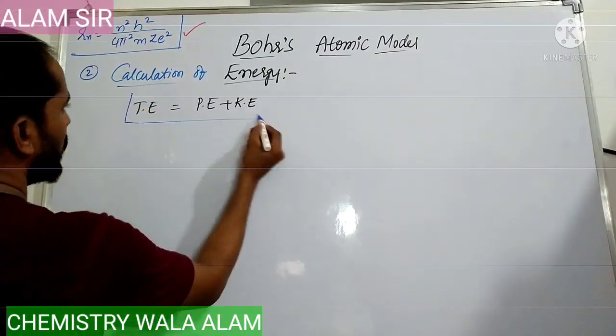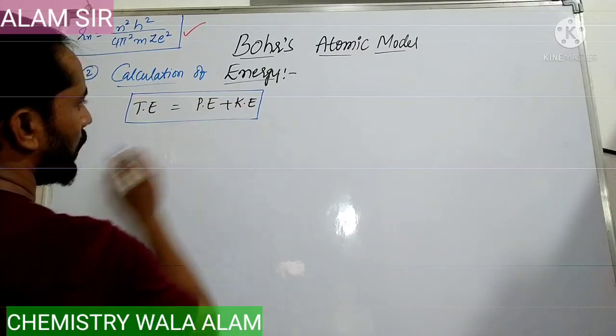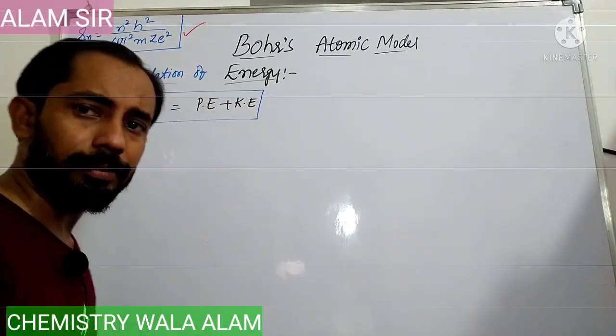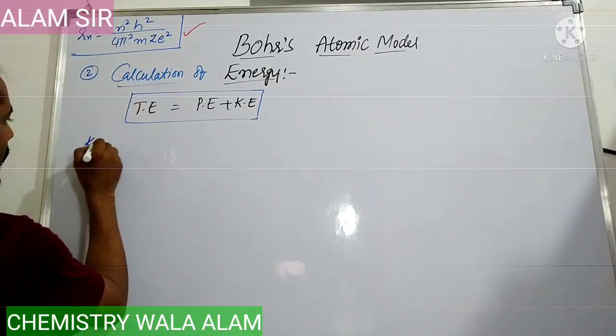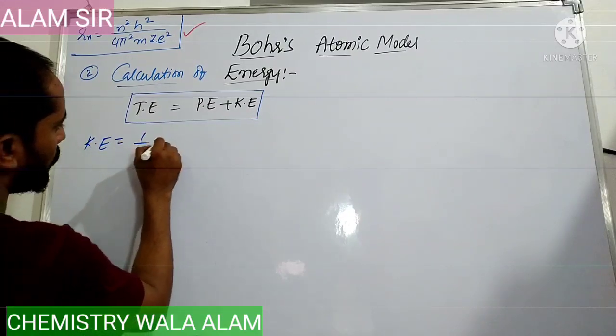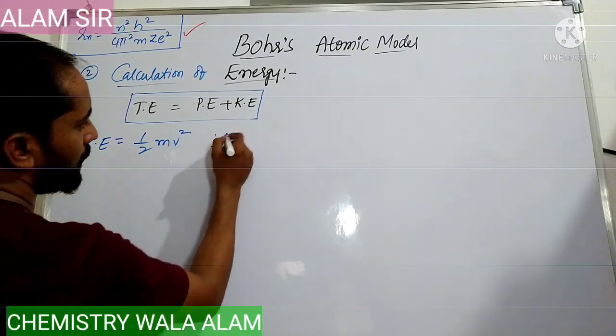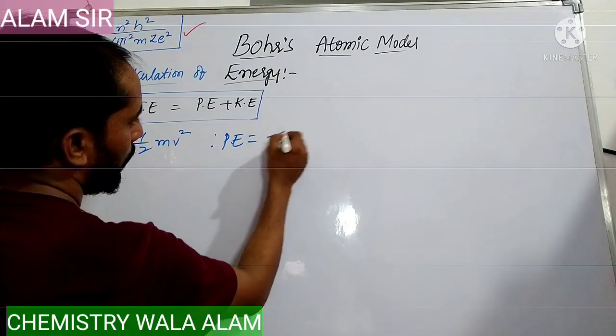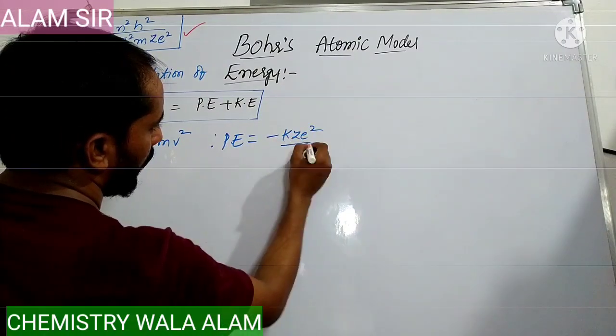So the total energy of an atom is equal to the sum of the potential energy and kinetic energy. Here kinetic energy is equal to half mv square, and potential energy is equal to minus kze square by r.